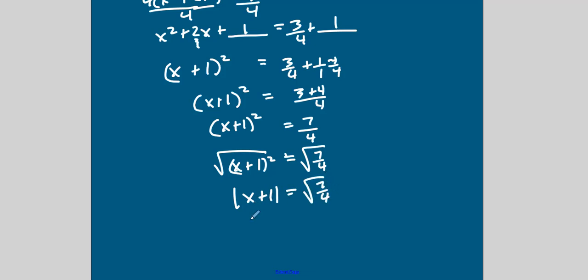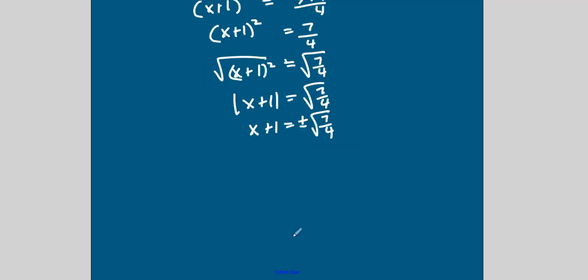Removing the absolute value sign, I get x plus 1 equals plus or minus square root of 7 over 4. Isolate the x by subtracting 1 from both sides, so I get x equals -1 plus or minus the square root of 7 over 4.